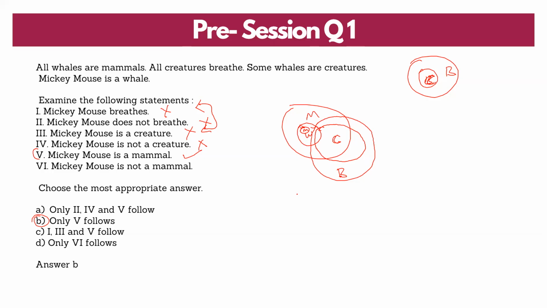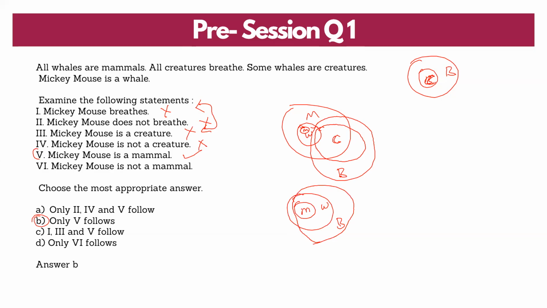I could have drawn a circle in this way also. Suppose this is Mickey Mouse, this is whale, and I could have drawn it like this. Even now, everything holds good, whatever given things are there. Don't focus on mammals and creatures right now, because I'm only looking at the relationship between Mickey Mouse, mammals, and breathe. So I could have drawn it like this also.